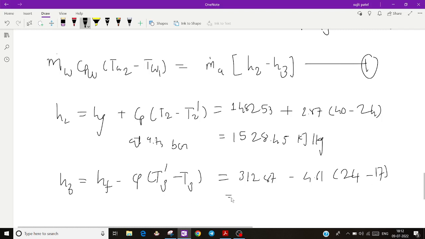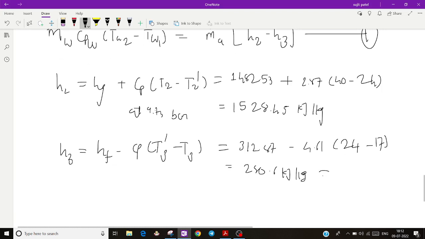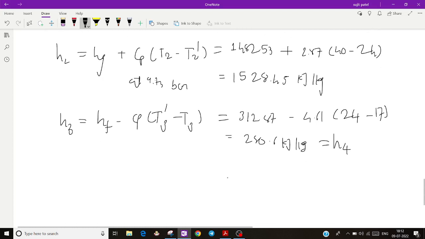So now if you solve this, you will get 280.6 kilojoule per kg. The exit of the condenser and inlet of the evaporator have the same enthalpy because expansion is isenthalpic. So H3 is equal to H4.